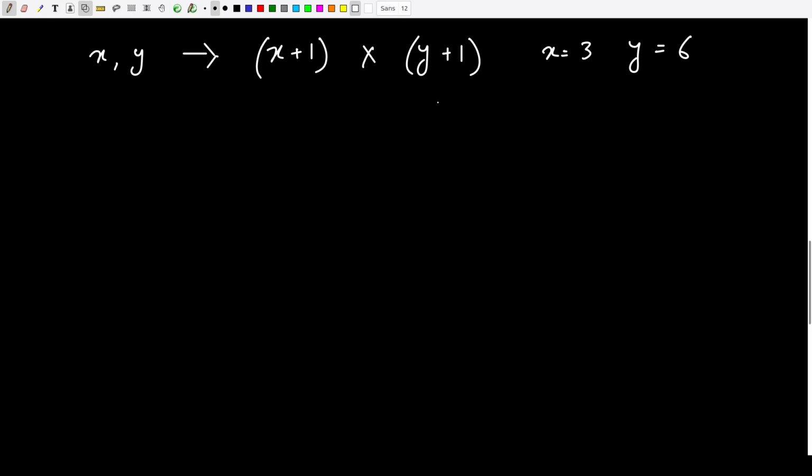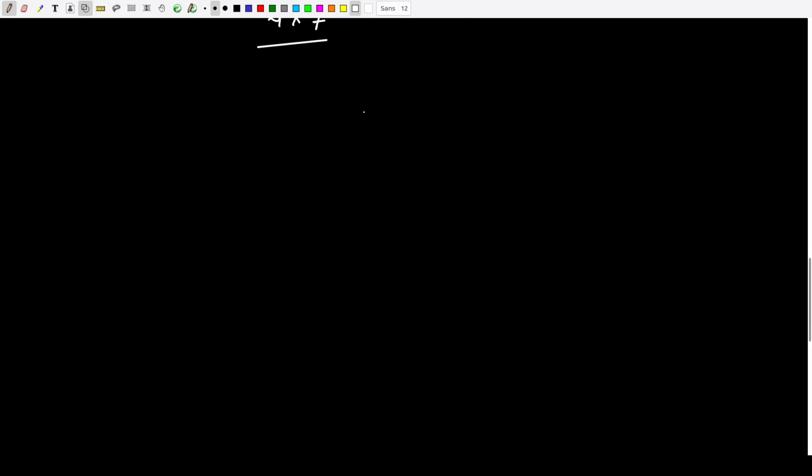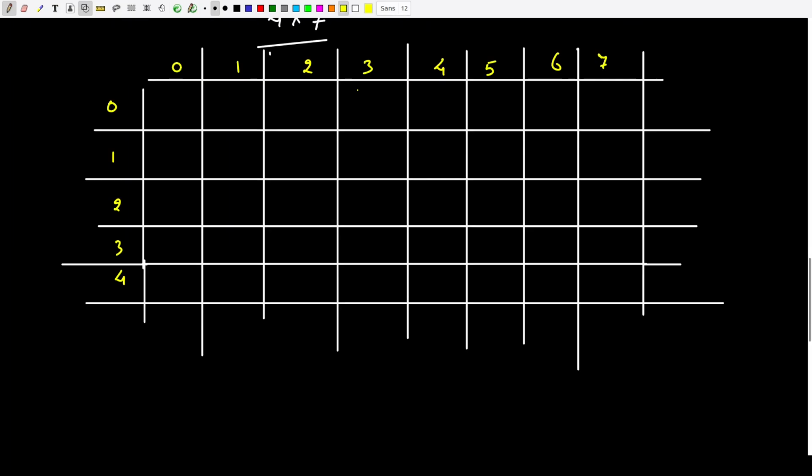So we can assume a matrix of dimension 4 by 7 over here. So let us create a matrix of dimension 4 by 7. And as of now, we are at this position and we would like to reach 0, 0, which is this position. So here is where we would like to reach.